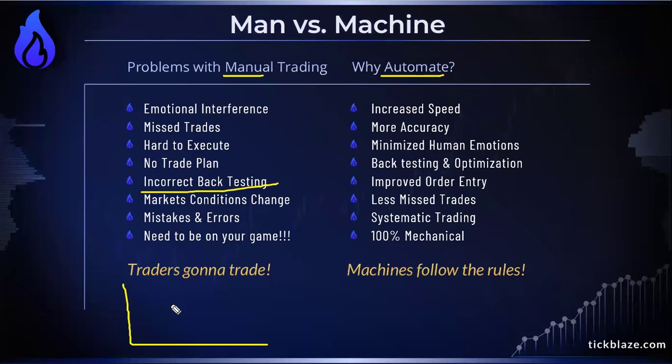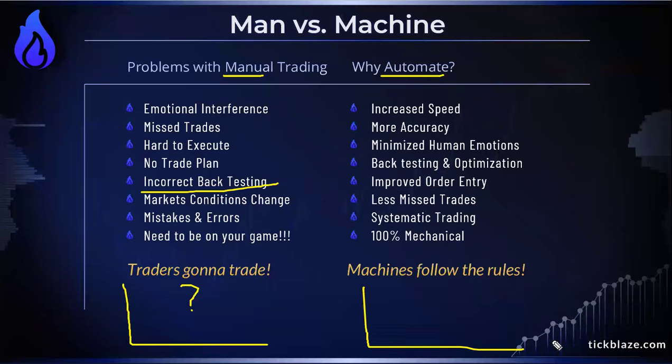Your data is always skewed as a manual trader, which means even if you do the back testing, there's a good chance there's going to be variance and discrepancies in your data, which means you're really gambling as a manual trader until you can prove to yourself with data that you have an edge.